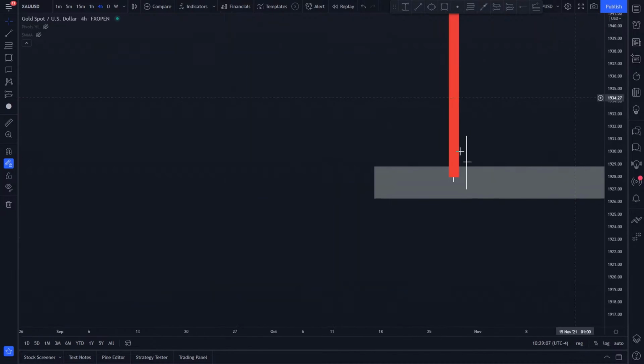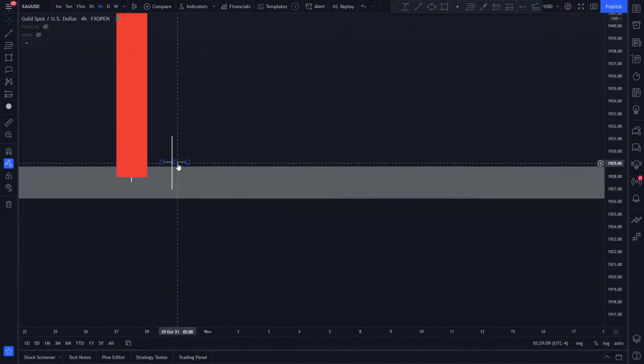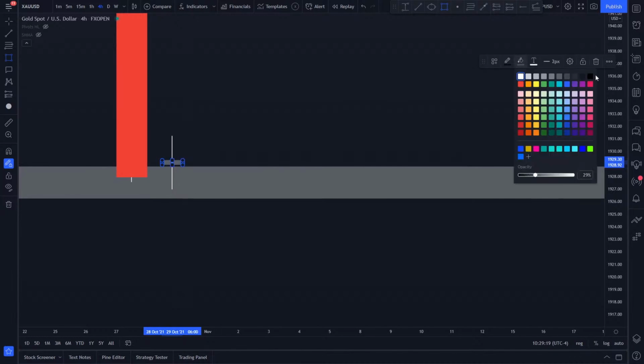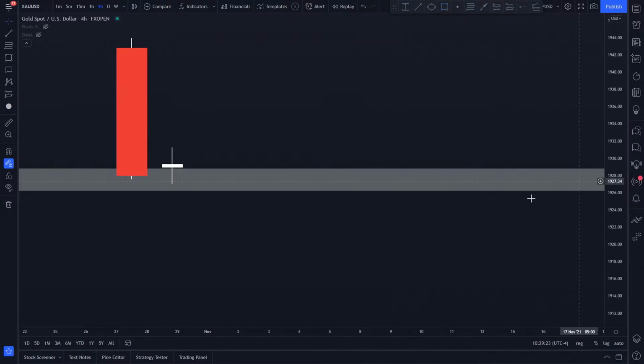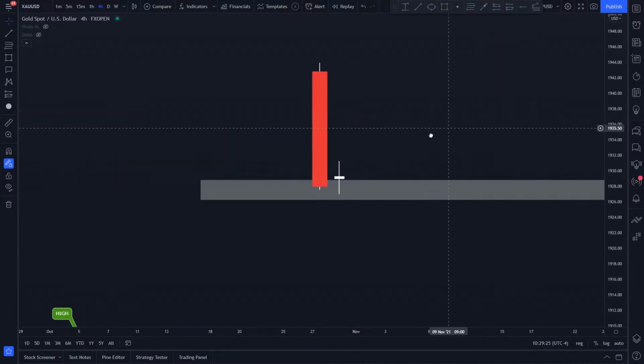Let me zoom in so I can draw it out better. This is going to be an indecision candle.